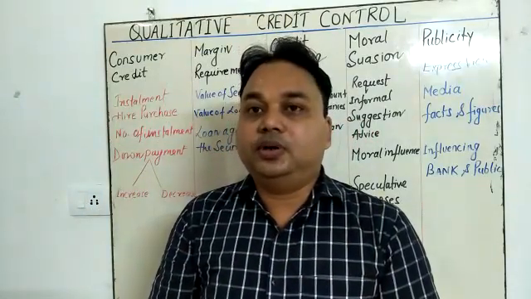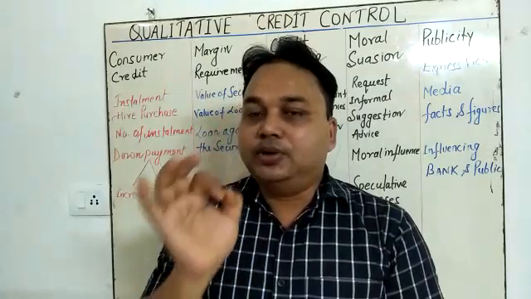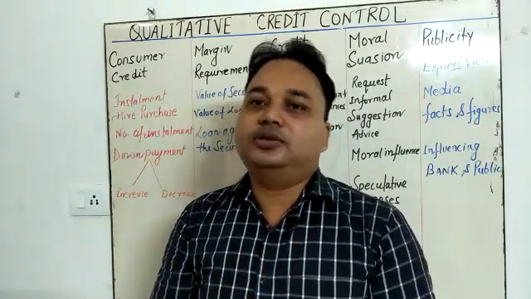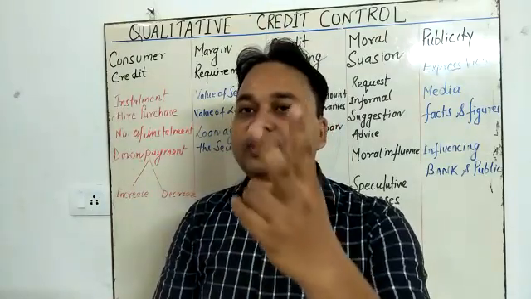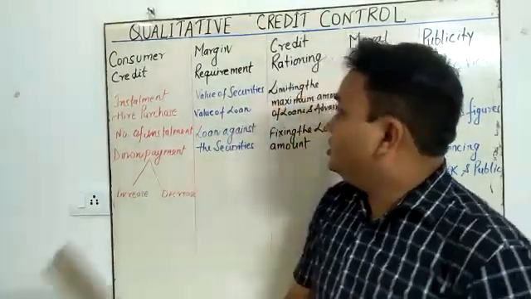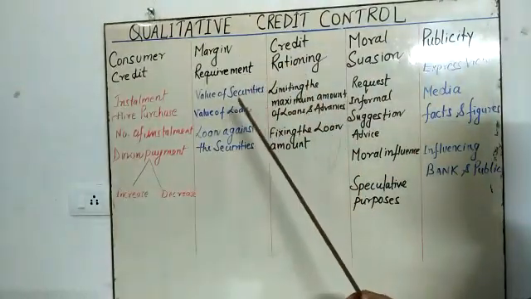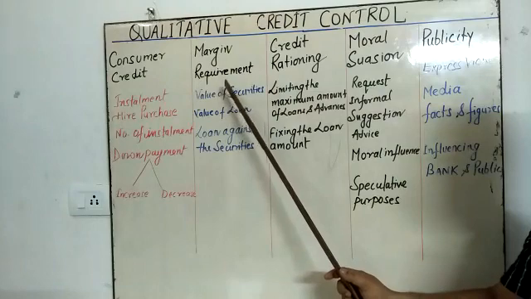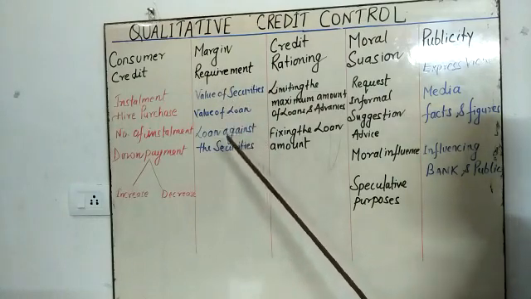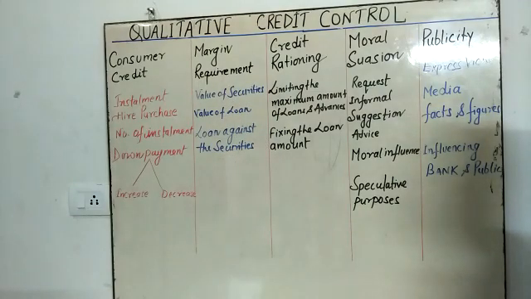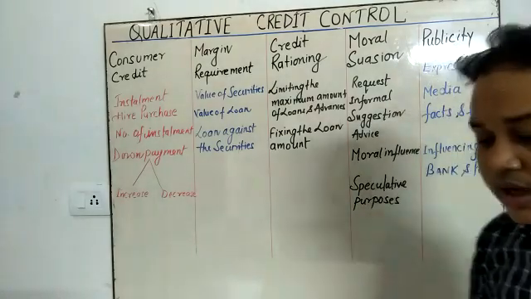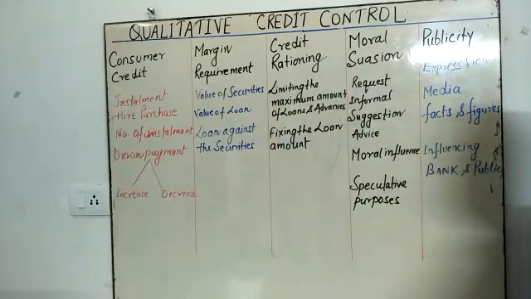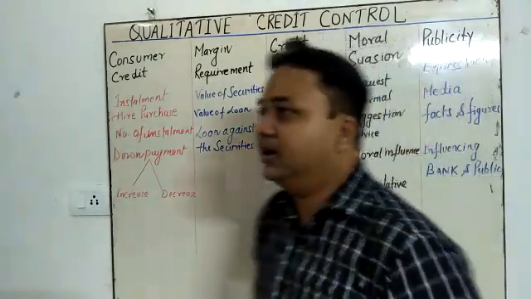For example, you give a debenture of 1 lakh rupees and you get an 80,000 rupees loan. So this 20,000 is called margin. This margin is increased or decreased from time to time when the economy requires it. Whatever RBI decides should be based on the market, because RBI sometimes wants to create credit in the market and sometimes wants to reduce the credit facility.